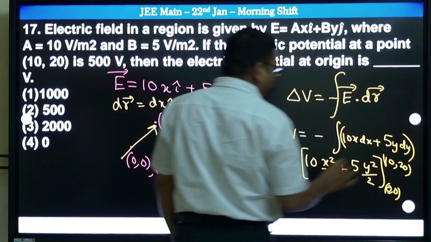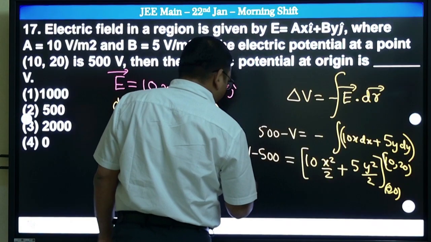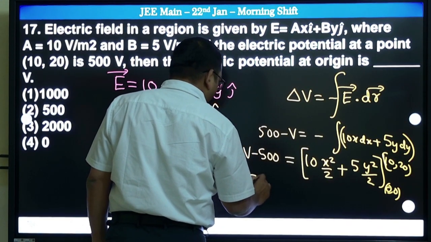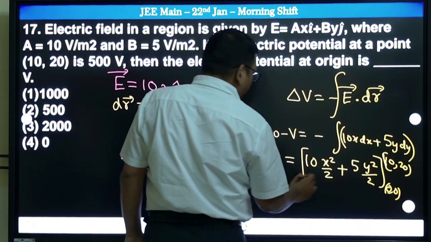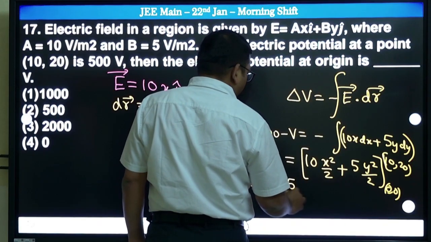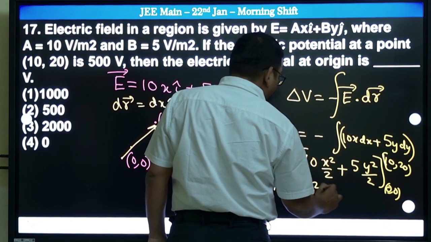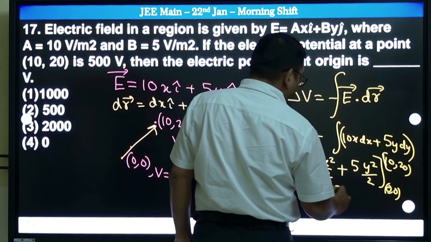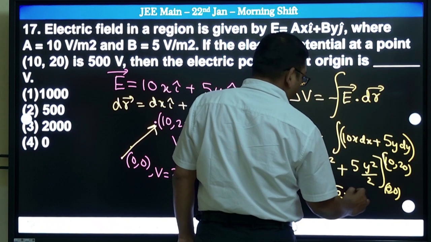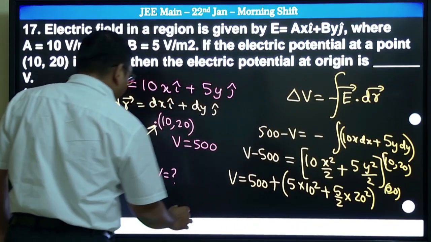So substitute only the upper limit, right? V you can take also 500 that side, plus this will come 5 times x square, x square means 10 square, and this is 5 by 2, y square, 20 square. So check out this calculation, how much it will come.